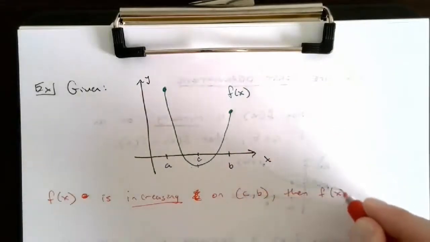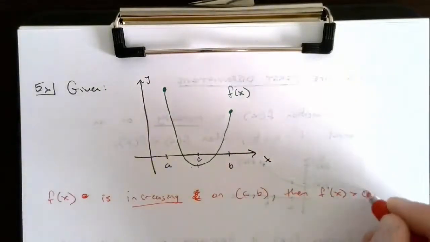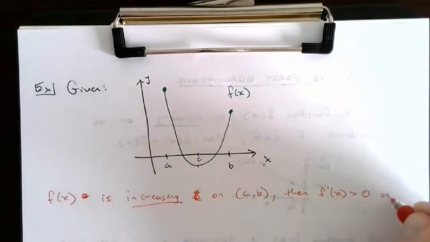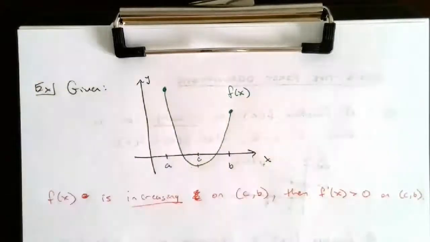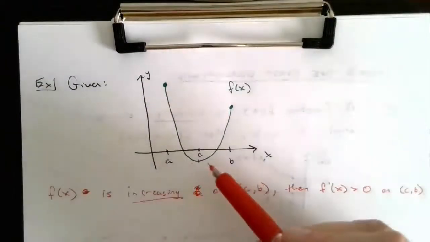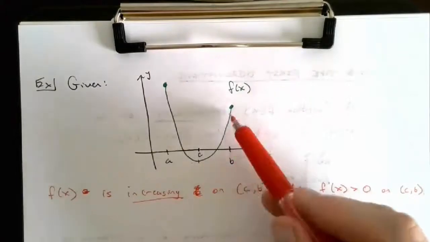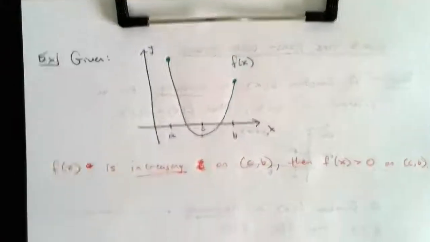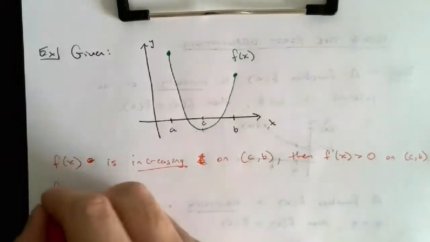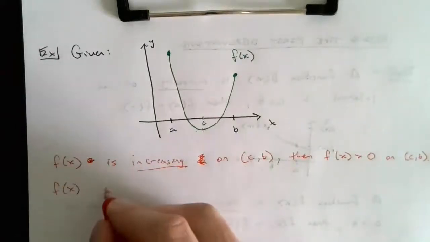So f prime of x will be greater than 0 on the interval from C to B. Sometimes you can use the original function to tell you what the derivative sign will be. If this is increasing, the first derivatives are going to be positive because the slopes of the tangent lines there will be positive.